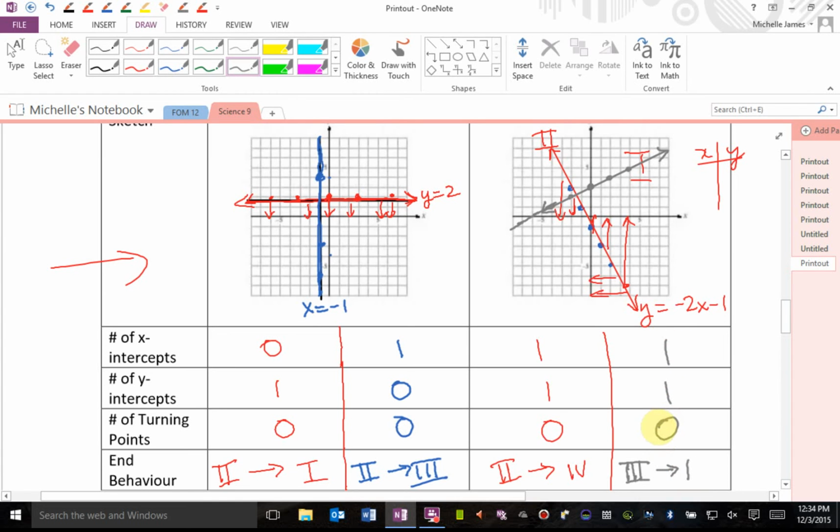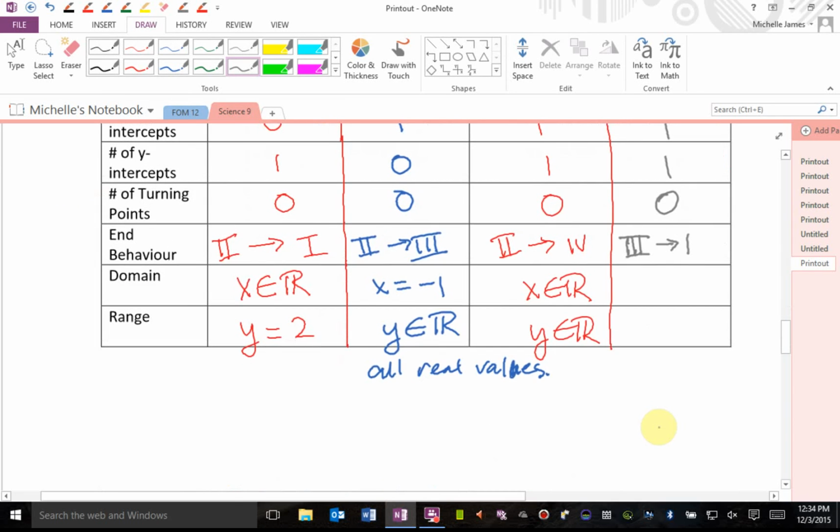So like the very first page said, types of graphs will have the same characteristics. Linear graphs will have the same. Domain and range, same. So, should be review for you, stuff you've seen before.